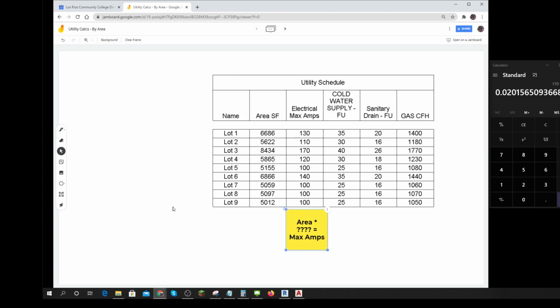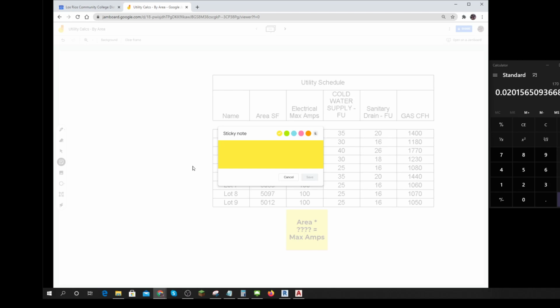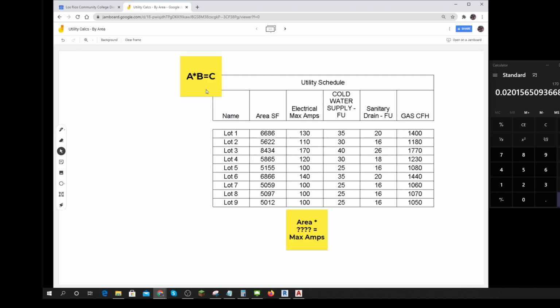So this is a formula that says A times B, area times something. Two things multiplied together make another thing. So let's see. A times B equals C. Two things multiplied together make something else. So that matches this.